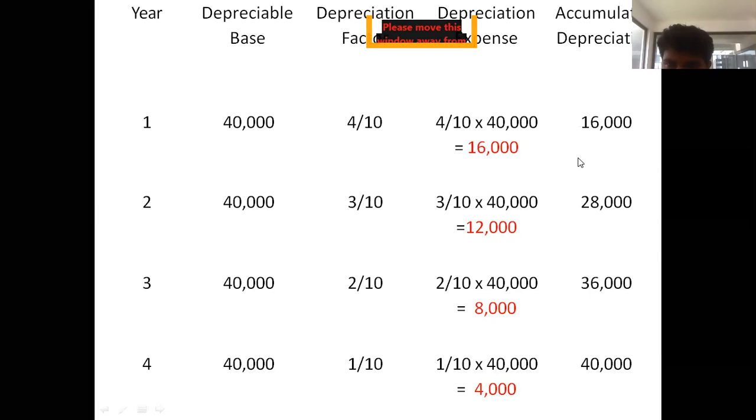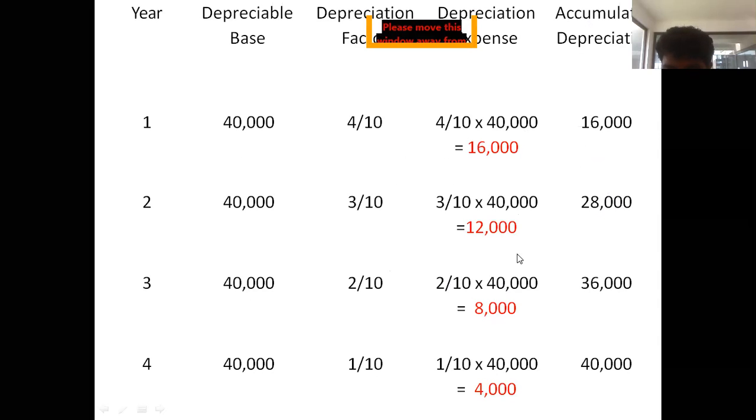Cumulatively it is accumulated: 16 plus 12 is 28. Next, 40,000 with a depreciation factor of 2 by 10, for the second year of total life, gives you 8,000.